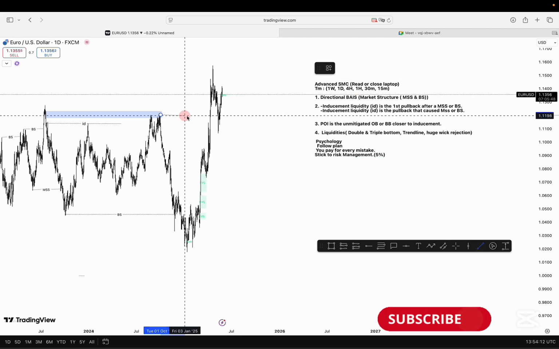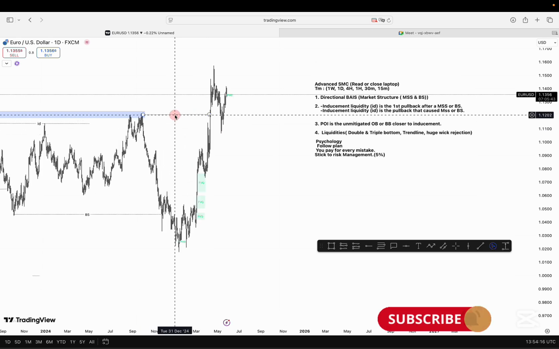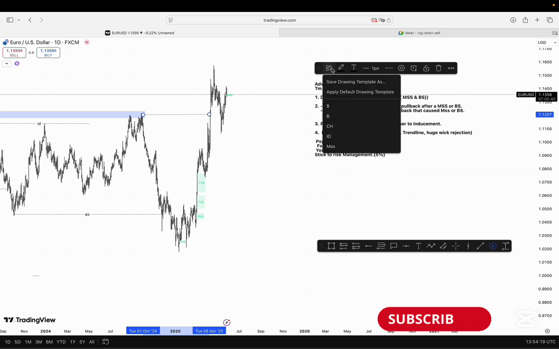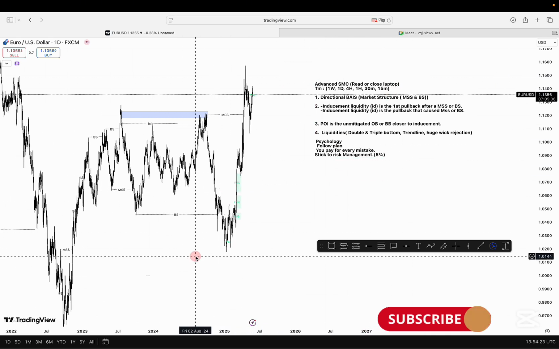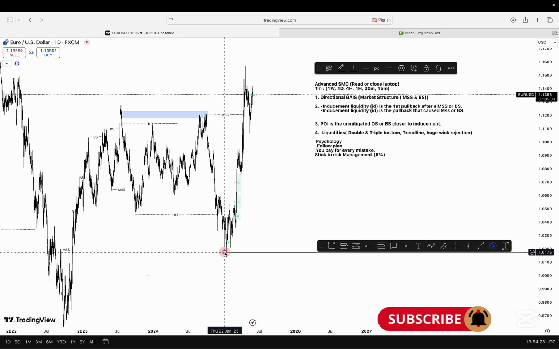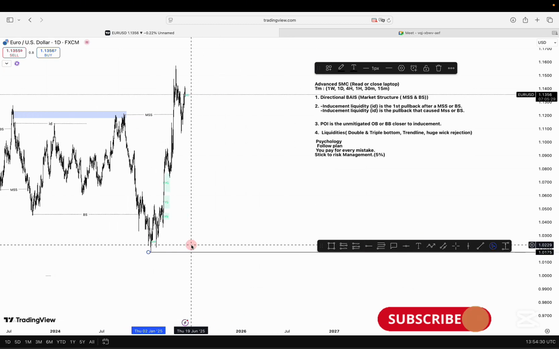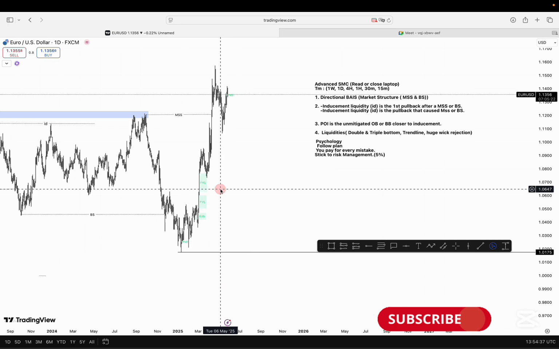We have a market structure shift here. So this low here is now becoming our protected low, that price is not supposed to come and break.